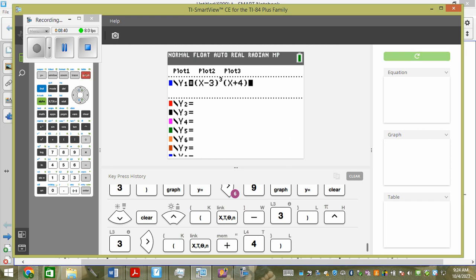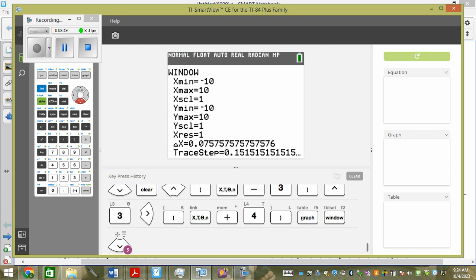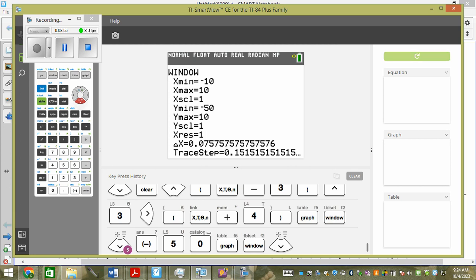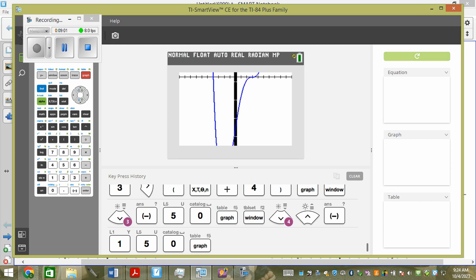So, let's graph. Through negative 4, it's going straight through, and then it's coming down here. Oh, it's way lower. Yeah, I was going to go negative 150. Still can't see it.